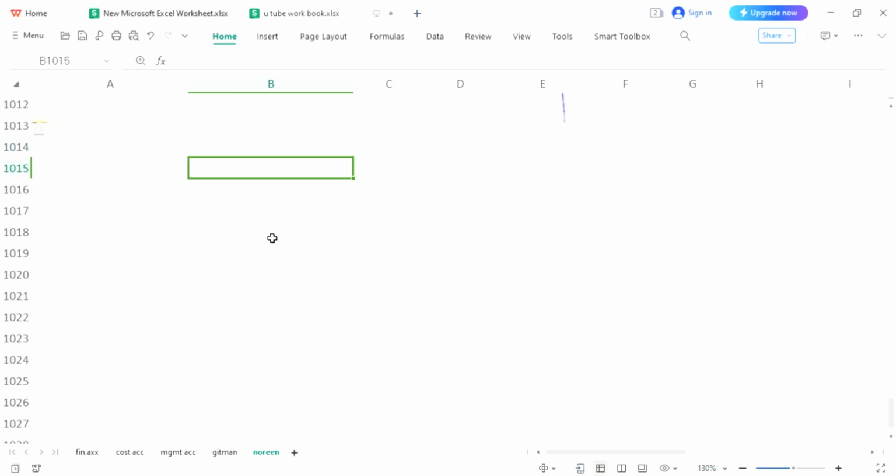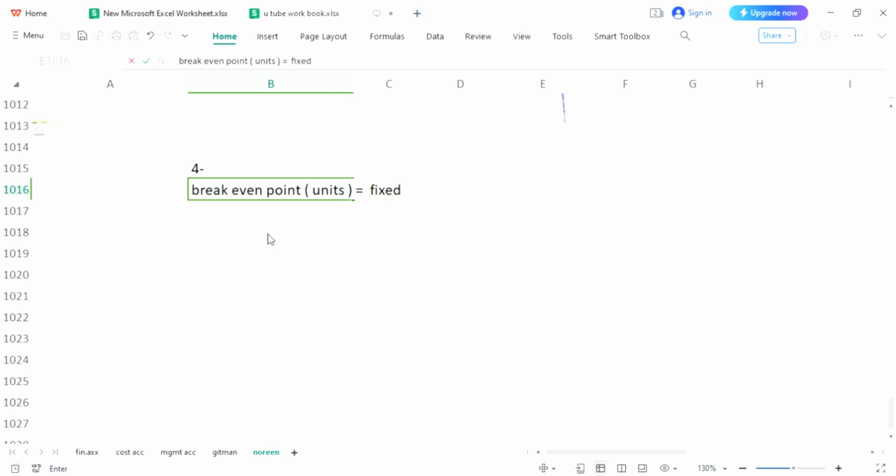So at this stage we need to calculate our new break-even point, but the formula would be the same. Break-even point, but in terms of units. First we will put fixed expenses or cost at first, and then we will divide it by CM per unit.